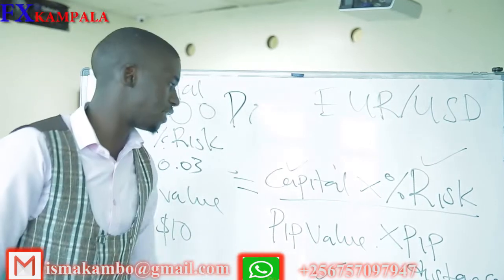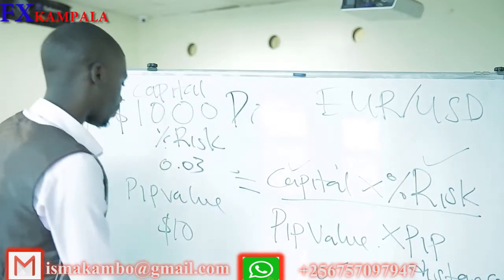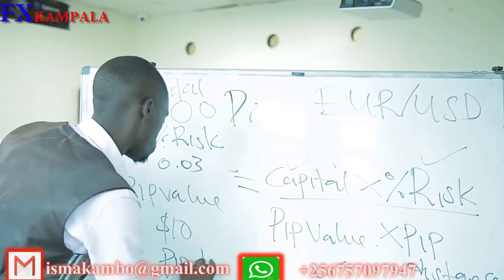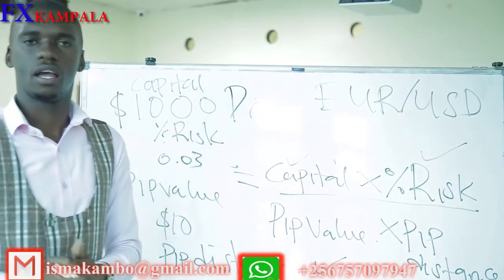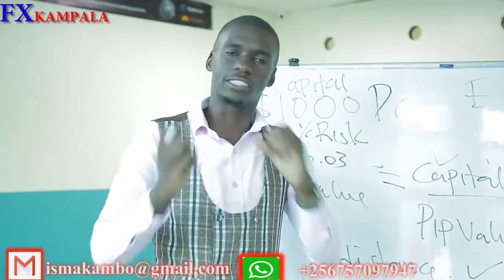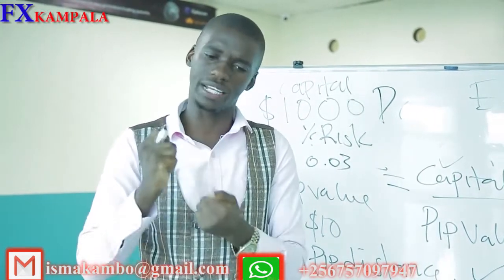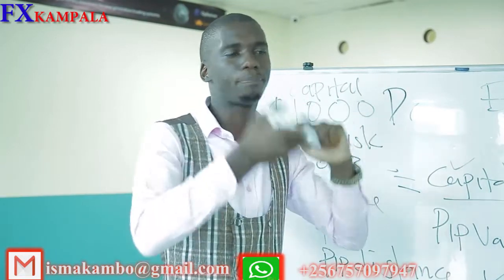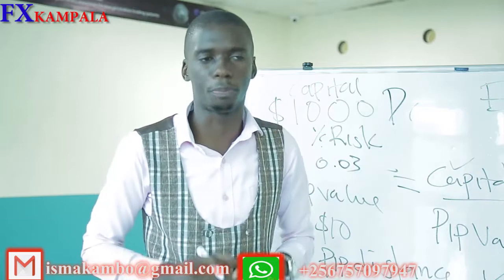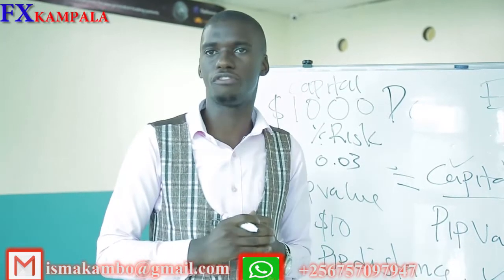So we have also gotten the pip distance. What is a pip distance? Just like I've told you, a pip distance is basically the number of pips from where you're entering the market up to where you want to put your stop loss, regardless of the number of pips.